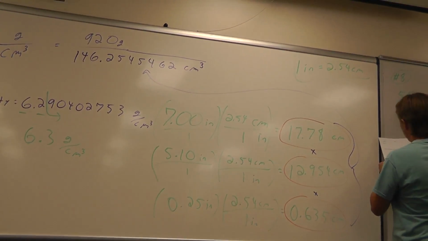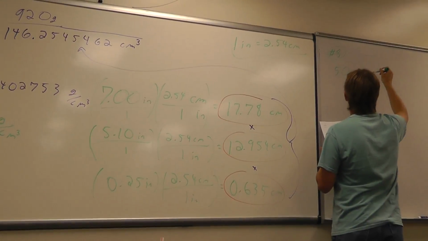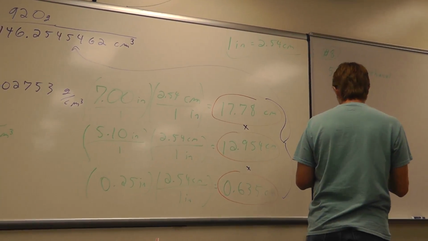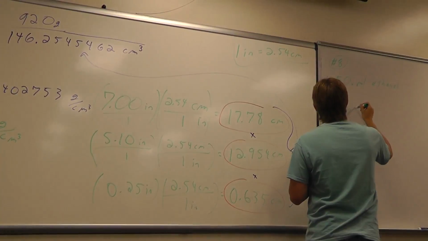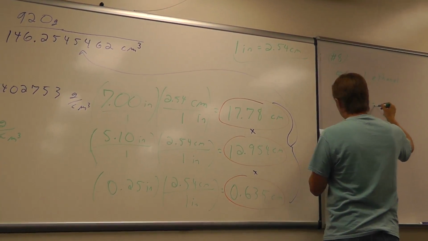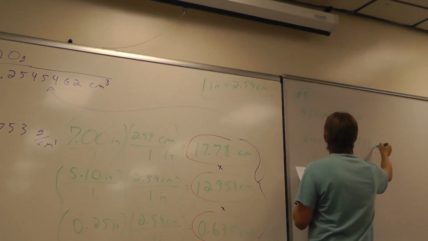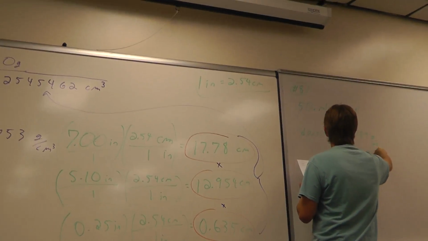We have 50 milliliters of ethanol. We're told that ethanol has a density of 0.789 grams per milliliter.